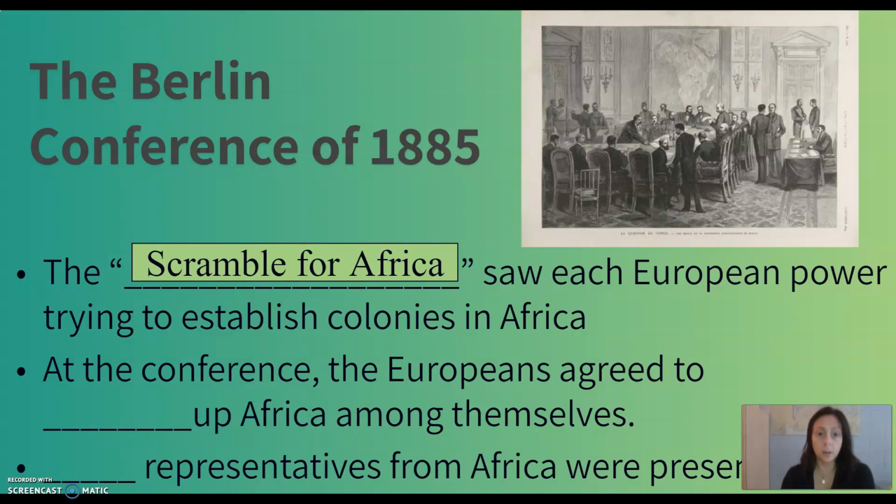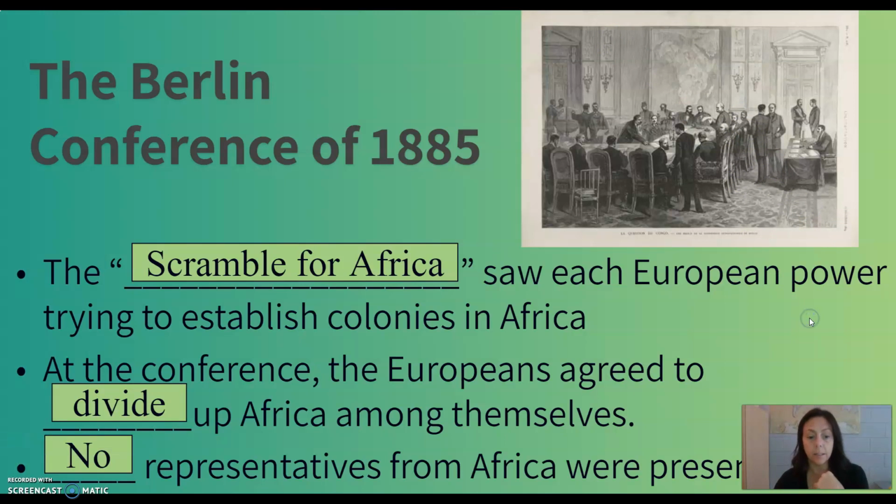Otto von Bismarck called leaders together in Europe, and he did that to decide how they were going to divide Africa up between them, even though Africa didn't really belong to them. And at the conference, they agreed to divide it up among themselves, and there were this many African representatives present.